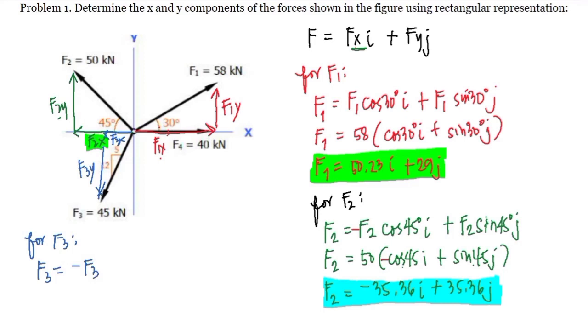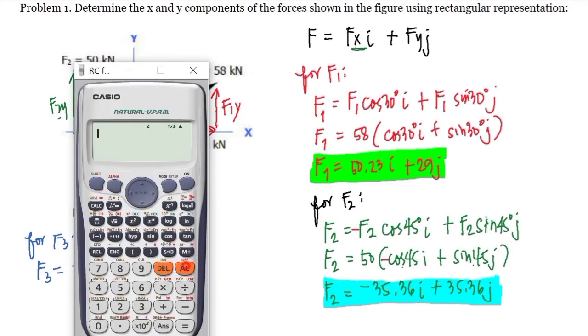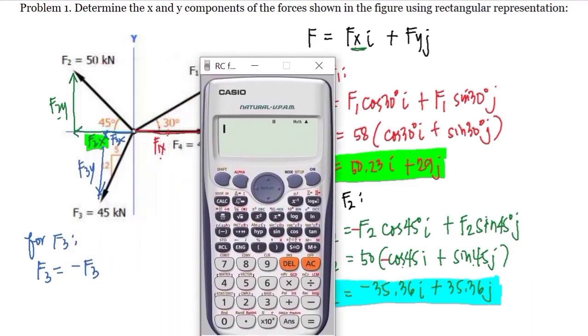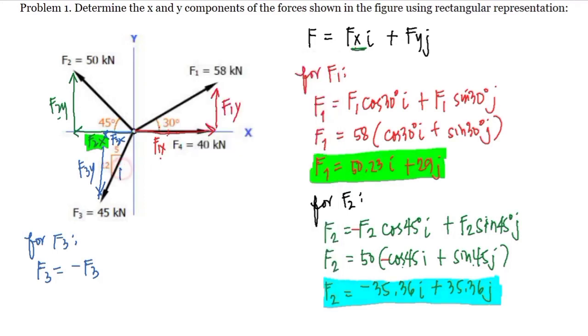So we are going to compute for the diagonal, since given is the slope of 12 rise and 5 run. So for the diagonal, that is just square root of 12 squared plus 5 squared, and we have here 13. So we have here the diagonal of 13. And for the x component, we are going to multiply this with the x, 5 over the diagonal 13. And minus F3 for the y component, that will be 12 over the diagonal 13.